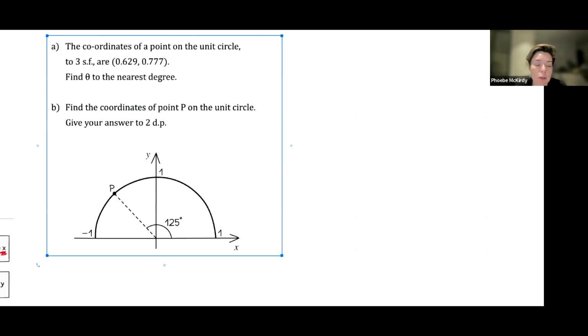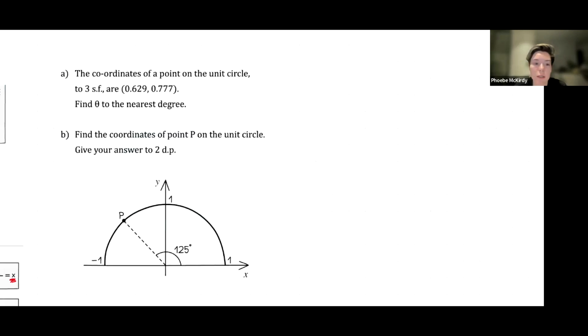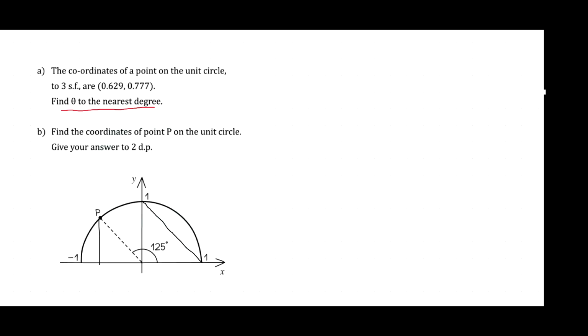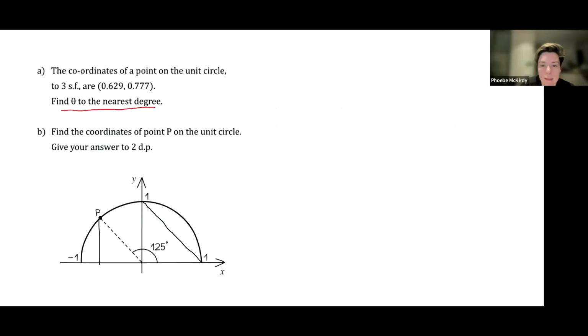The coordinates of a point on the unit circle to 3 significant figures are 0.629 and 0.777. Find theta to the nearest degree. Okay, so with this one, we don't need to worry so much about the diagram yet, just for part A. Just to remind you, we know that (x, y) is equal to (cos theta, sin theta).